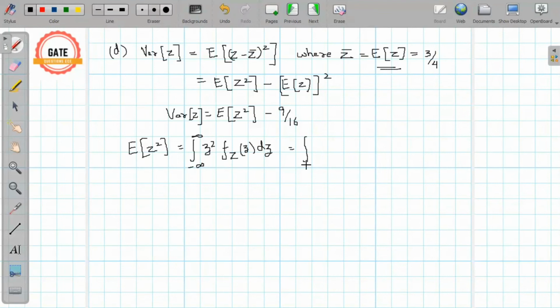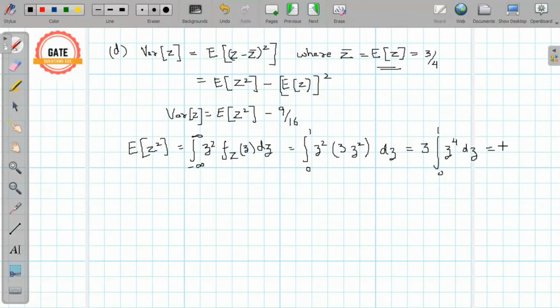So the integration will go in that range only, from 0 to 1, z square times 3z square dz. So 3 is constant, it will come out of the integration. So it will be 3 times integration from 0 to 1, and this will be z raised to power 4 dz.